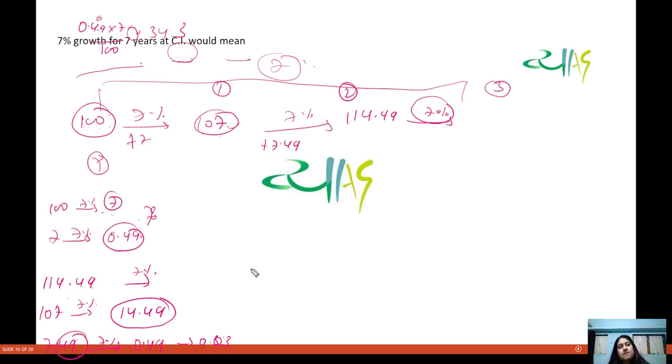Yes. So you will get 0.034. Fine. So now see, 14.49 is 7% of 107, and then you will add 0.49 and 0.034.